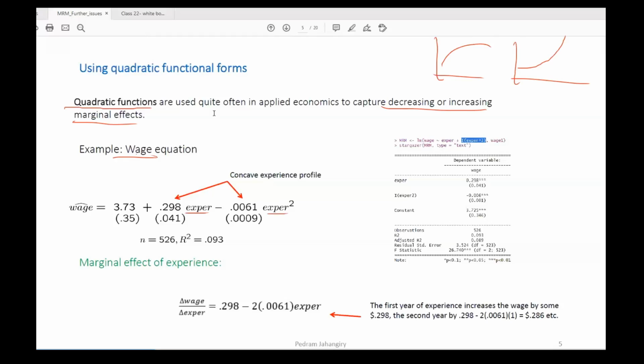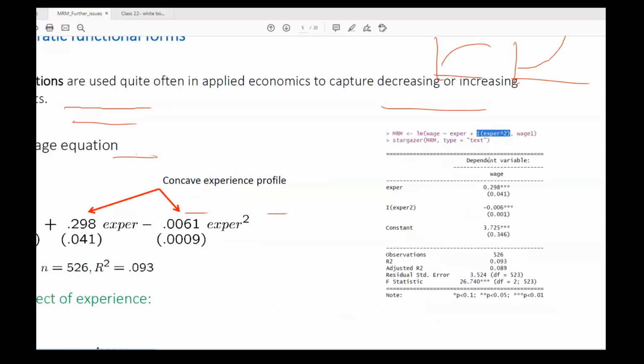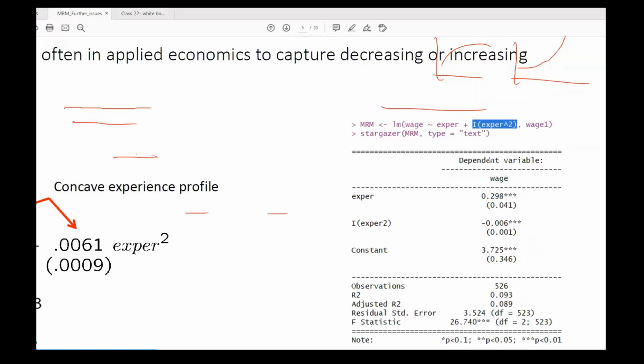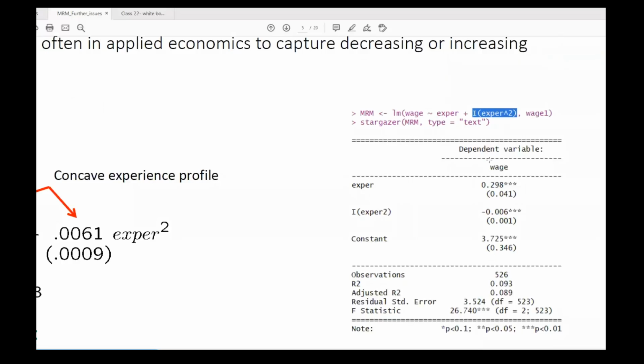Okay. So first of all, let's see how we can do it in R. Can I zoom in a little bit? Yes, I can. So too much. This is how we do it in R. So again, this is nothing new. You have seen this before. You're regressing wage on experience and experience squared.